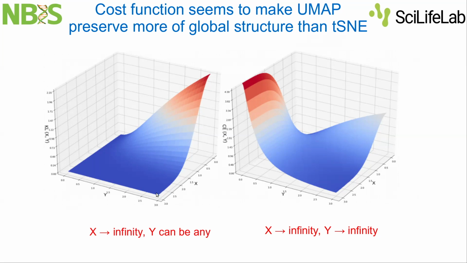So if the points were at large distances in high dimensional space, they can end up at any distance in low dimensional space. And it was not the case for cross entropy, where you get a penalty here.